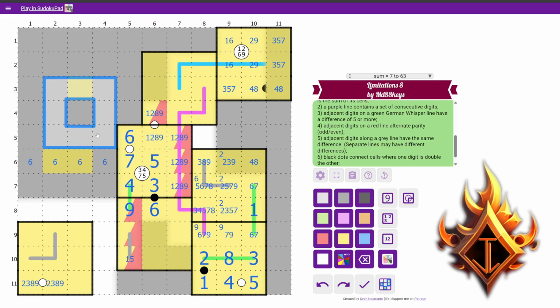This could be like that, but it could be any of these things. It could even be up in there.